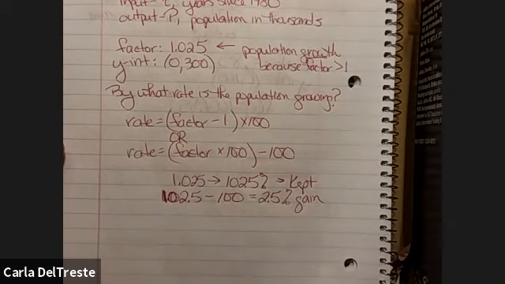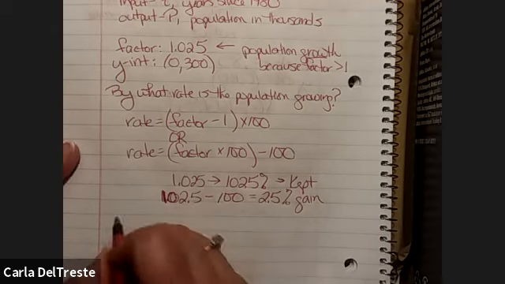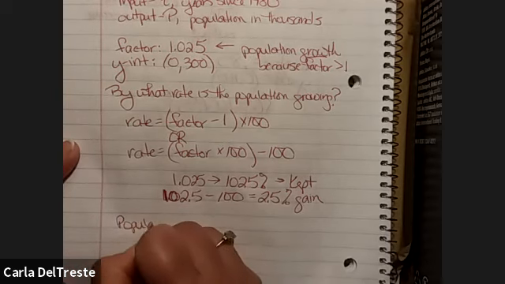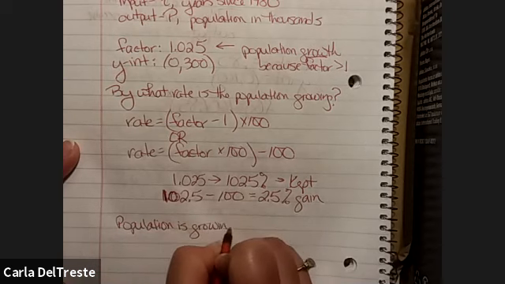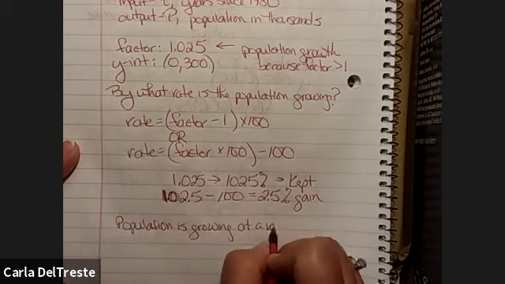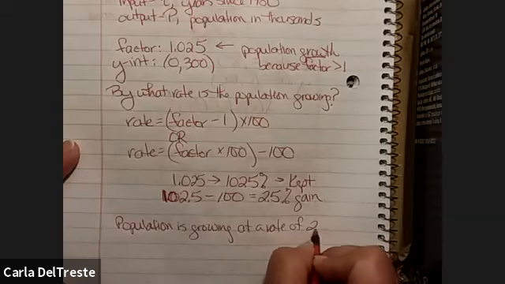Okay, so it's a 2.5% gain or increase. So that tells me that the population is growing at a rate of 2.5%.